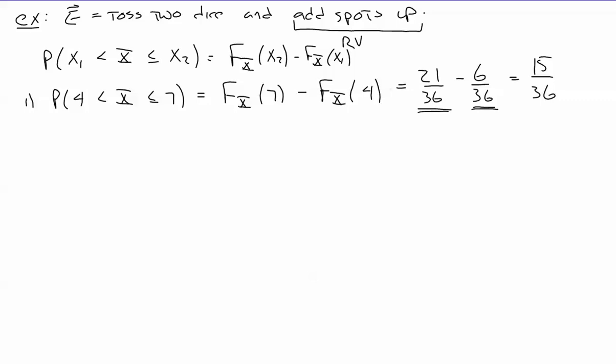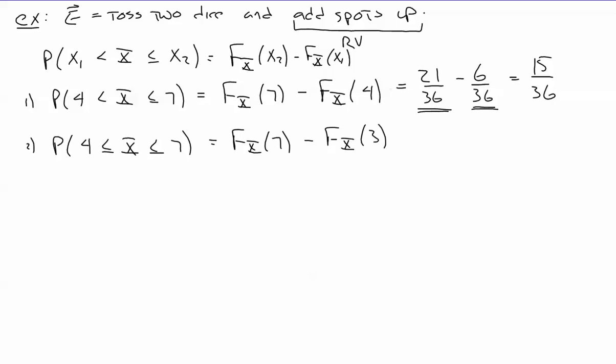What about this one? What about the probability that x lies between 4 and 7 inclusive of both endpoints? Hopefully you'll recognize that this is the cumulative distribution function evaluated at 7 minus the cumulative distribution function evaluated at 3.